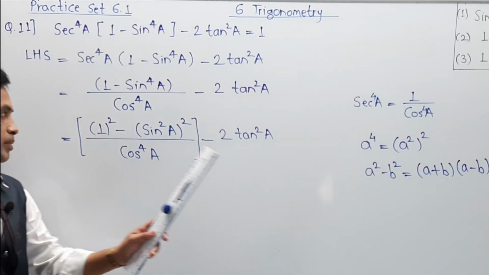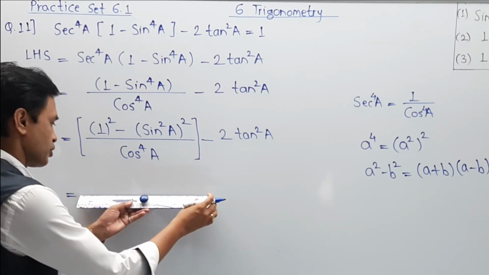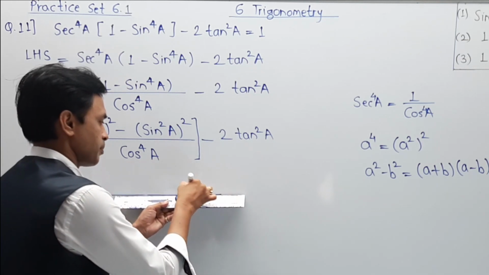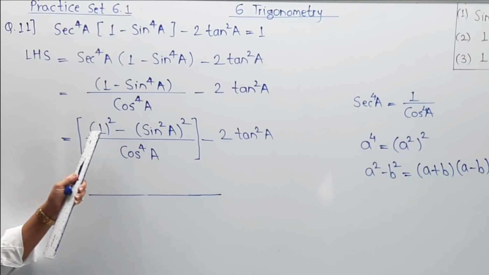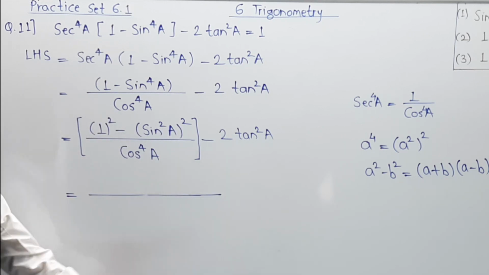With the help of this principle, we can factorize this part. Here a square minus b square is nothing but a plus b into a minus b.